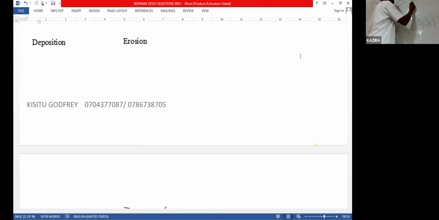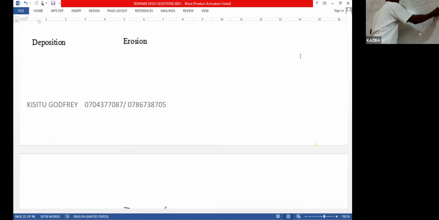After deposition, you have compression of deposited rocks. Then you have stratification, which means the formation of layers. Then you have compaction. Whatever is compressed becomes compacted. Then you have cementation, then consolidation, and then you have transformation.